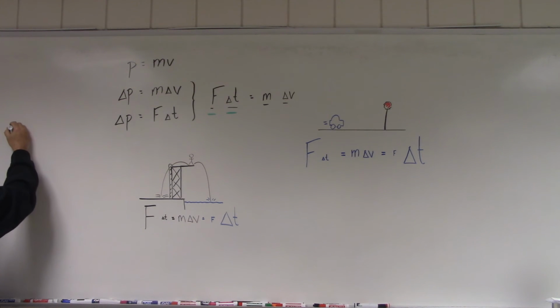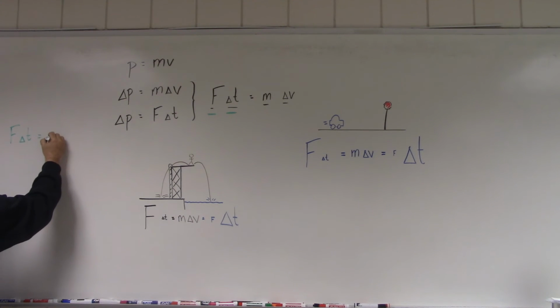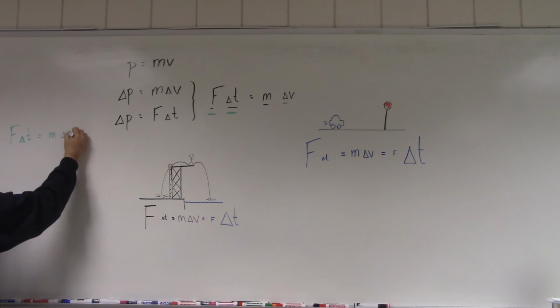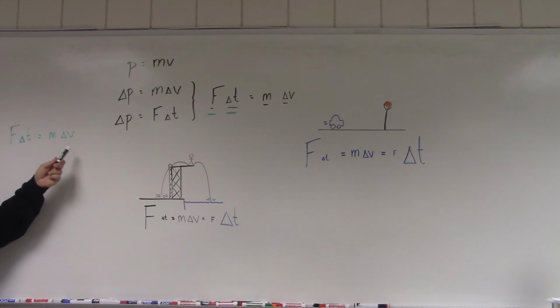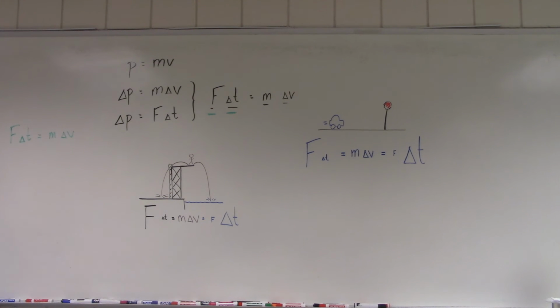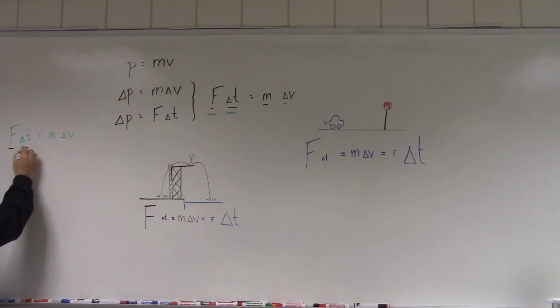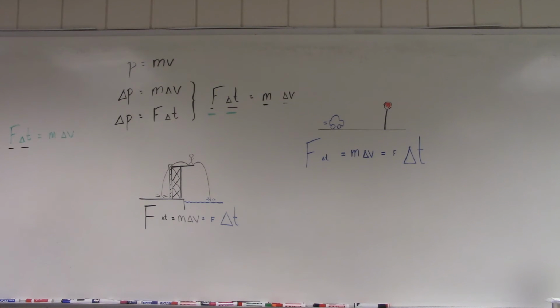So this is what you're doing. You're saying force, time, mass, change in velocity. So what you want to try to do is you want to maximize how fast you're throwing the ball. This is what Major League pitchers do. You want to maximize the change in velocity. So there's two things you can do. You can make the force bigger, or you can make the time bigger. Think about Major League pitchers.